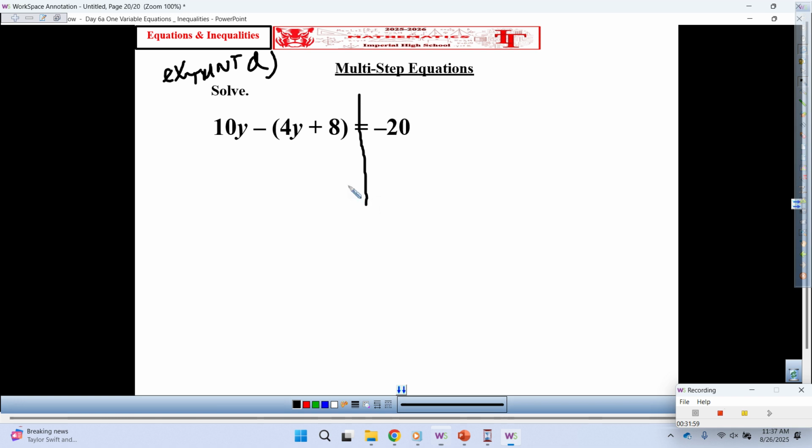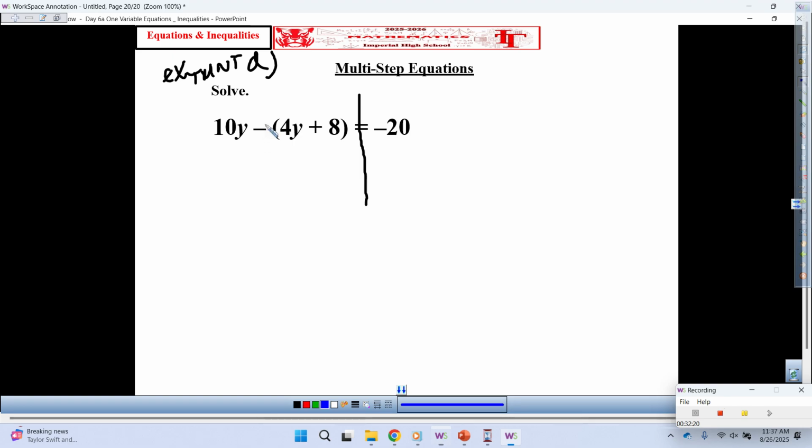All right, turn to your neighbor. Let them know what is the first thing we're going to do on the left side. Allison, what is the first thing to do now that we have a parentheses there?